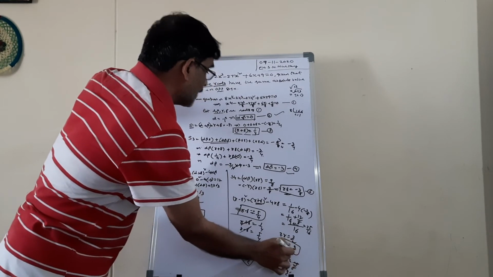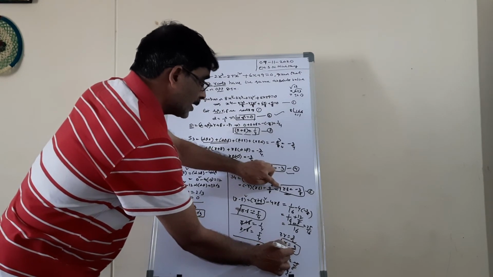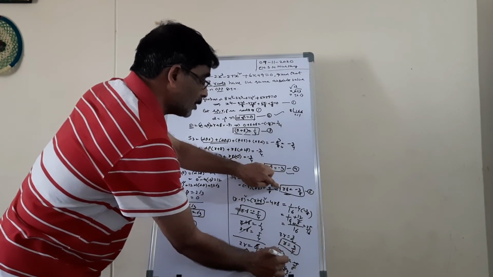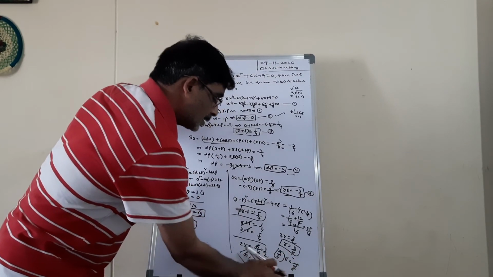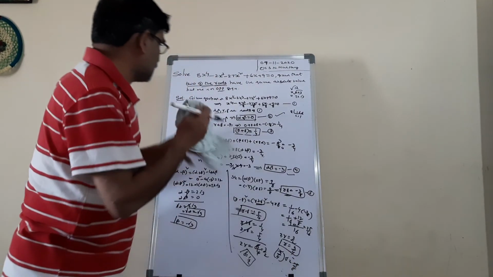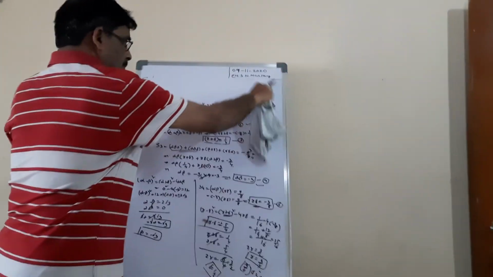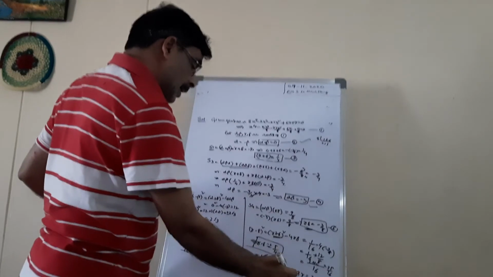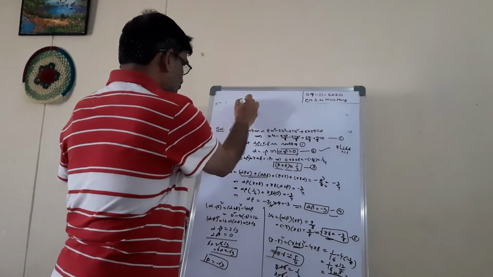I have no place, let me write here. Gamma equal to 3 by 4.